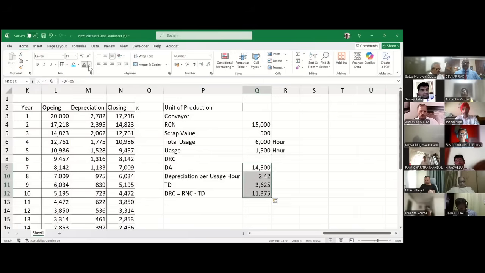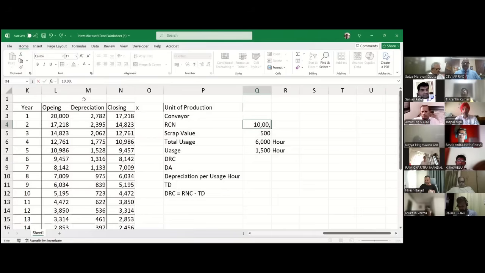Okay. Let's say there is one conveyor belt. Its cost is 10 lakh rupees and scrap value is 1 lakh rupees.